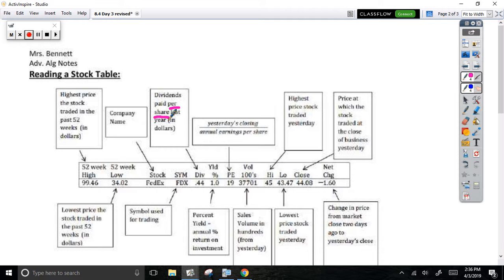So if you are owning 10 shares, you need to take this number and multiply by the number of shares that you own, because that's how much you get paid for one share. The yield is your percent yield. It's also known as your annual percent return on the investment. So it's almost like an annual interest rate. Yesterday's closing price divided by the annual earnings is your PE ratio.